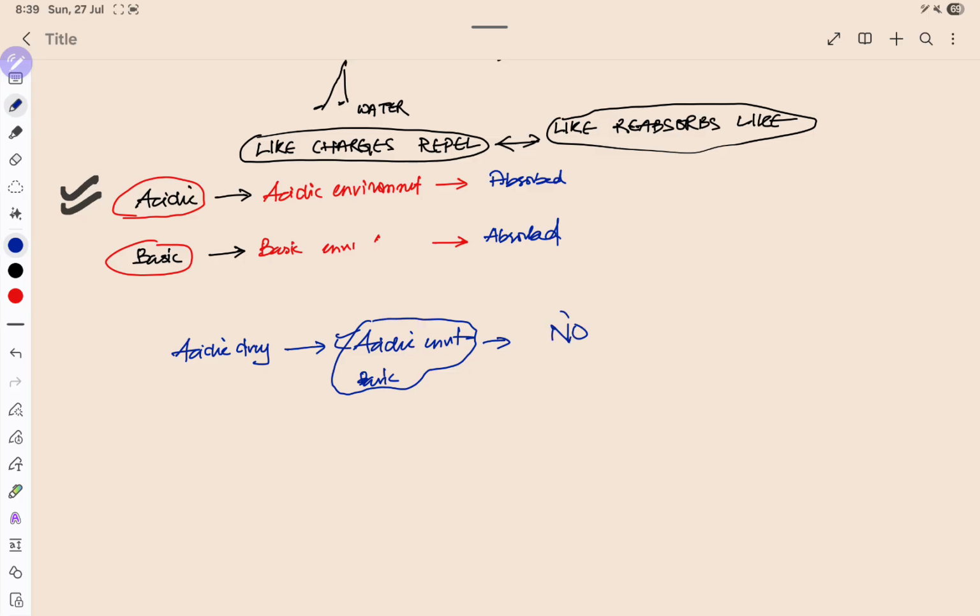The answer is no, because for absorption we require maximum surface area. So in the exam, if a question is asked such as, an acidic drug is maximally absorbed in the stomach, the answer is no. It's always in the intestines.